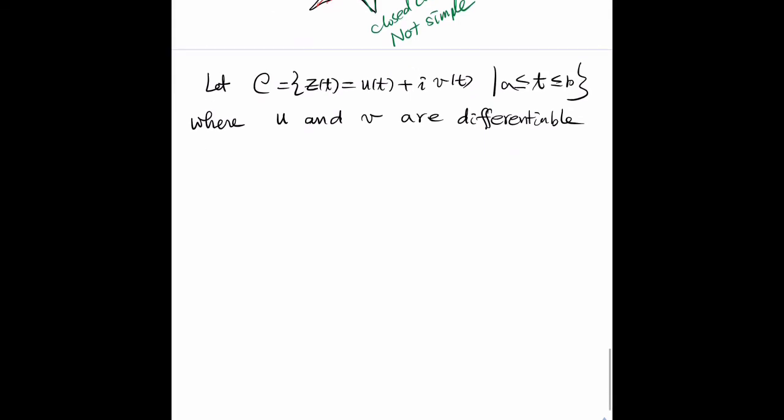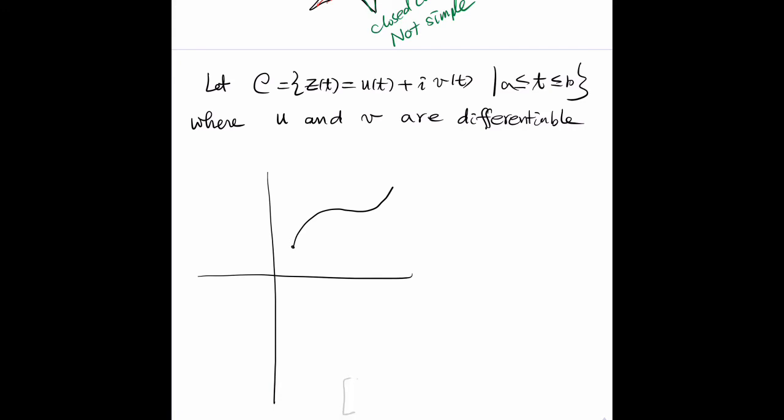And once we have this, you can identify this curve in the complex plane as the same in R2. And here, this is my curve C. So here, my interval, my domain.